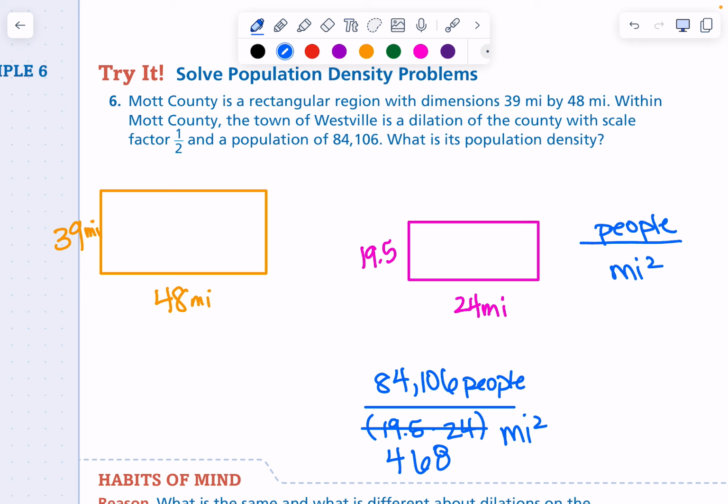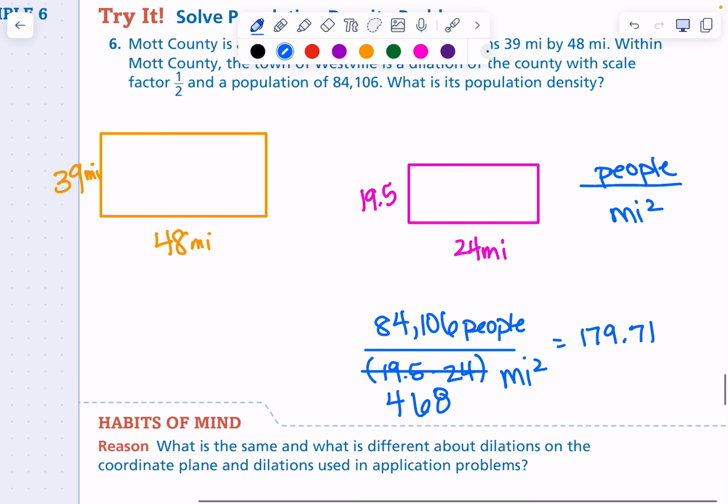So now I want you to take 84,106. If I take 84,106 and divide that by 468, 179.71. Okay, but if I'm talking about people per square mile, 180. So 180 people per square mile.